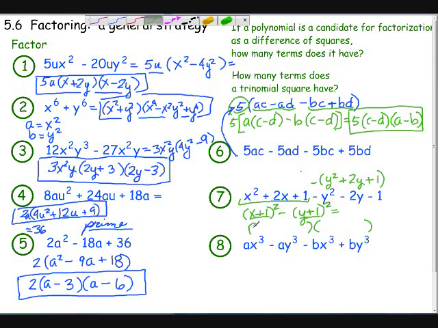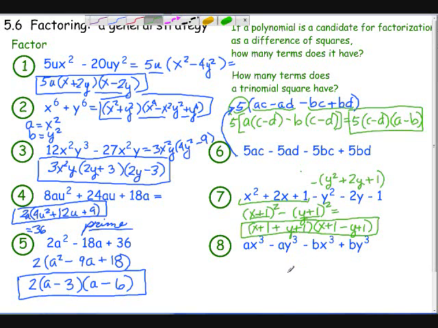Because my first term is actually a binomial. And my second term is also a binomial. Notice I'm leaving space here, and you know what that's for. Sum, difference, factored. Woohoo! Wouldn't you be proud of yourself doing that one?